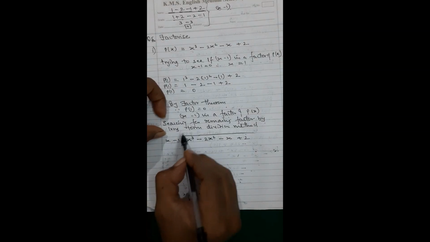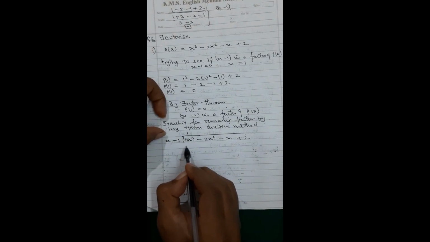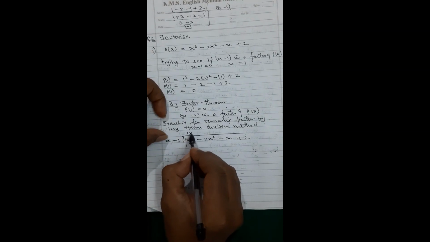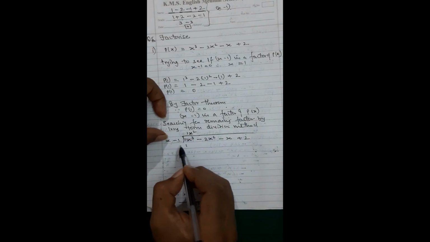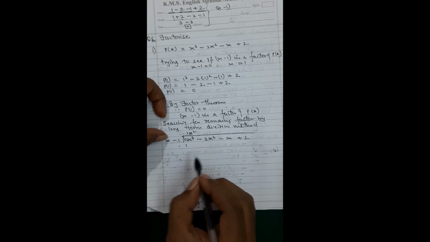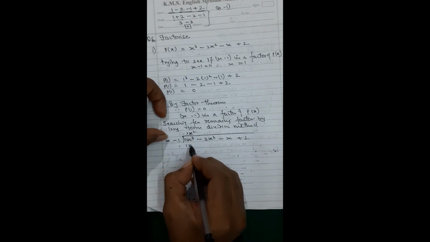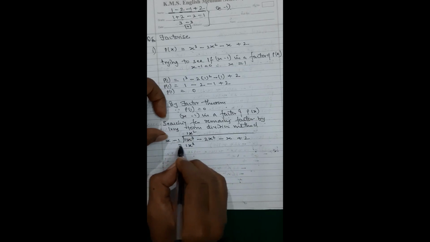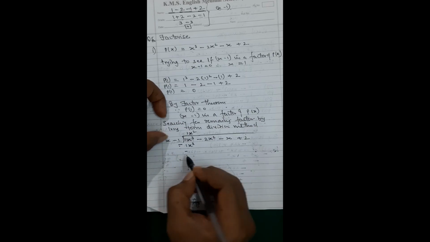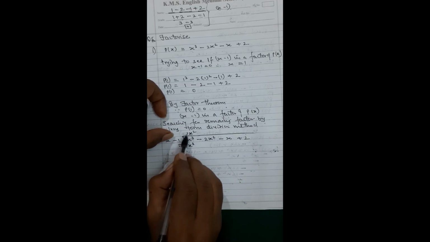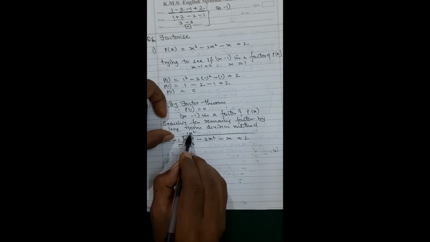So first, 1 ones are 1, x into x square will definitely give me x cube. But before that, plus. This is a plus, I don't have to write. x into x square will give me x cube. But definitely I am going to subtract, this plus will become minus. Of course, this also, sorry, this will have to multiply now.